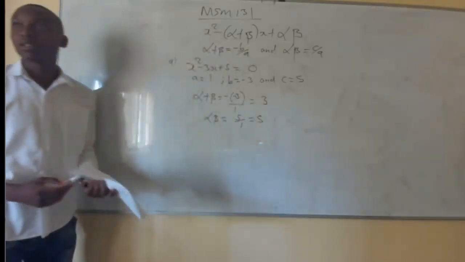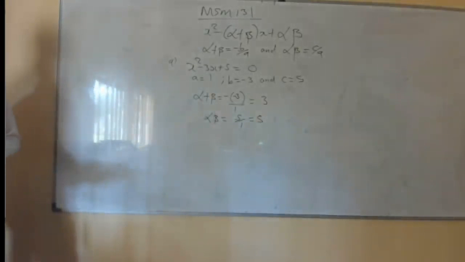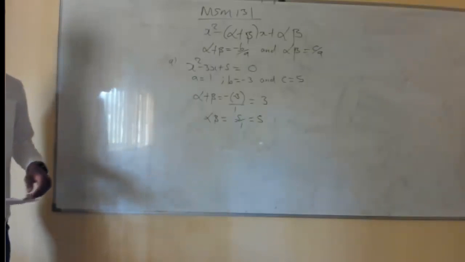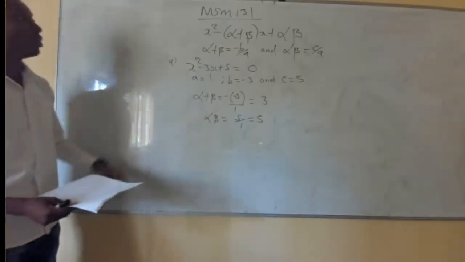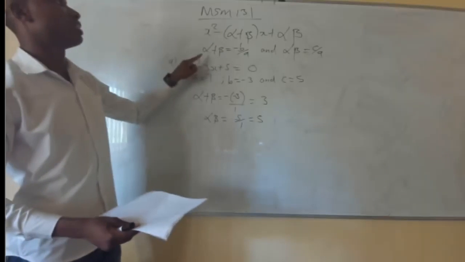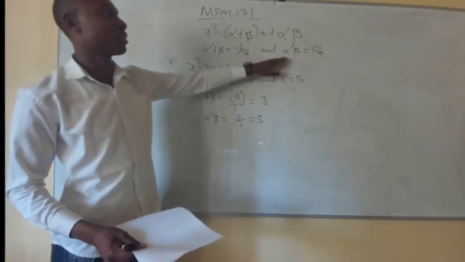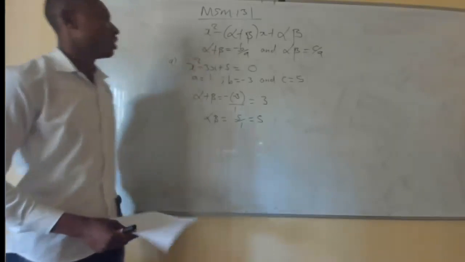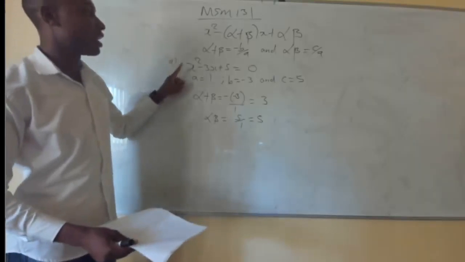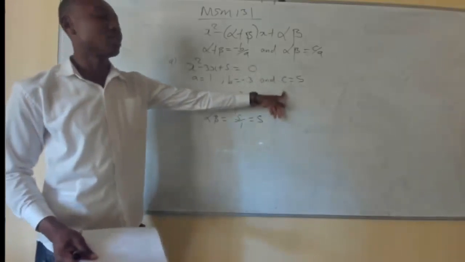End of that question. Okay, so we're saying for you to find the product and the sum, you need to have the basic understanding that the formula for the sum of roots is negative b over a, and the product of roots is c over a. Then from this formula you need to identify a, b, and c.